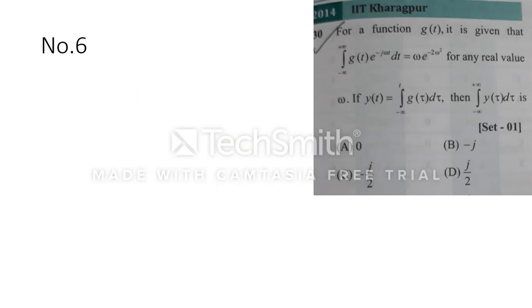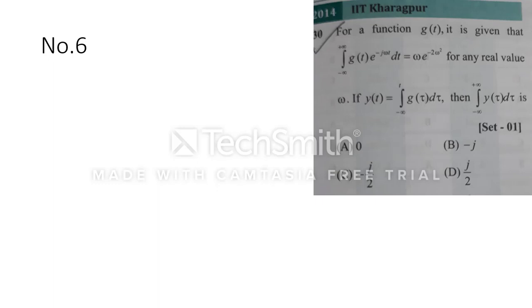Now the next numerical is, for a function g(t), it is given that the integral of g(t)e^(−jωt) is equal to this. This is nothing but a Fourier transform, for a real value, and they have given the relation between y(t) and g(t), and they are asking about y(t).